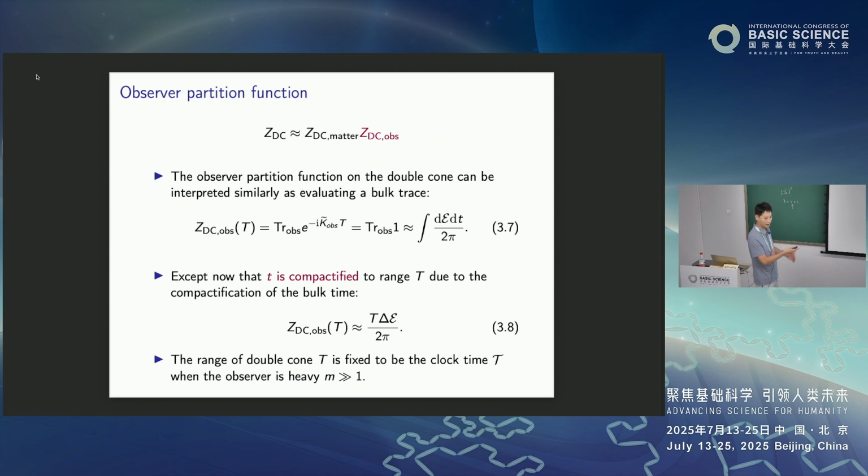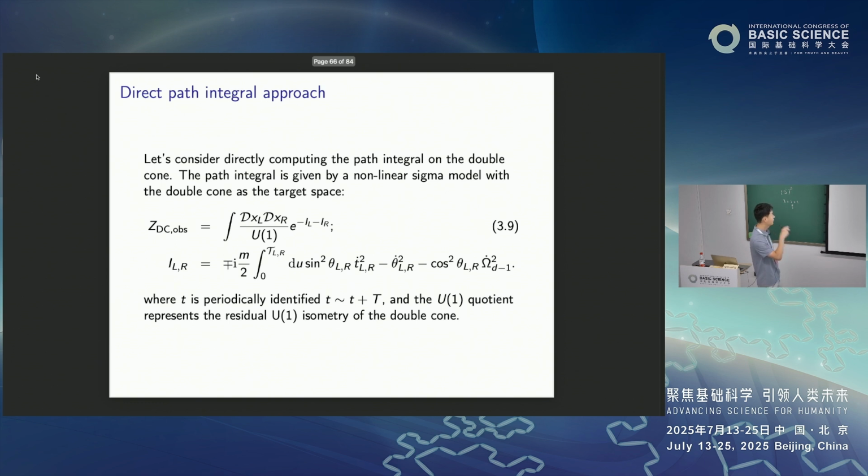So I try to do a better job by considering the direct path integral for the observer on the double cone. So now let's try to directly compute the path integral of the observer model on this double cone. Recall that the observer model is given by this nonlinear sigma model.